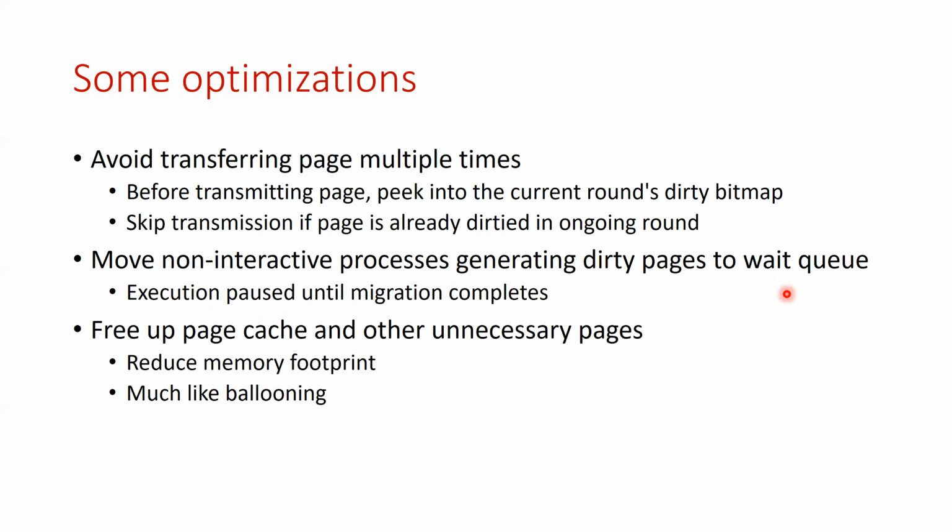And you can also in general reduce your memory footprint, free up page cache pages and any other unnecessary pages, so that you have fewer pages to transfer overall, right? Just like how we've seen ballooning, you can request a guest OS to free up some memory voluntarily. So that's in general anyway a good idea, so that you have less memory to deal with during the migration.